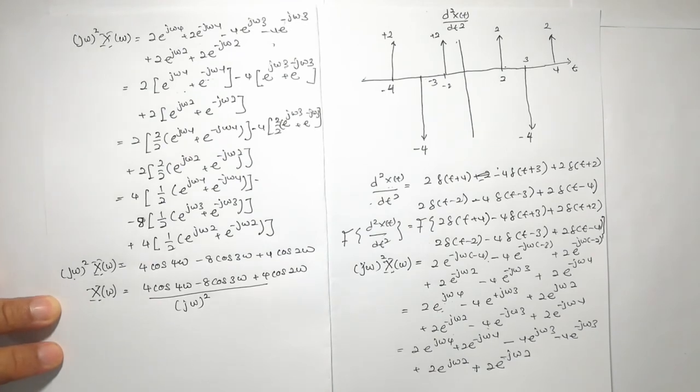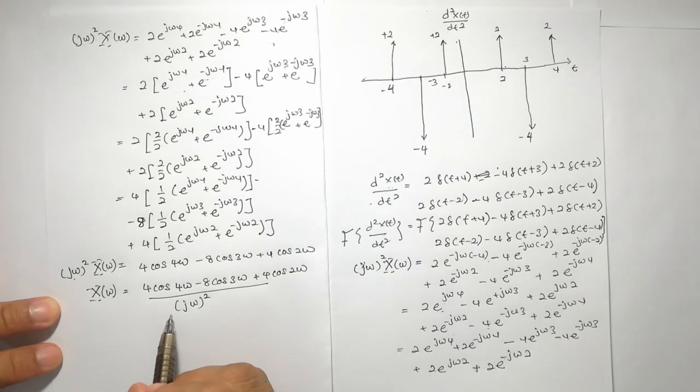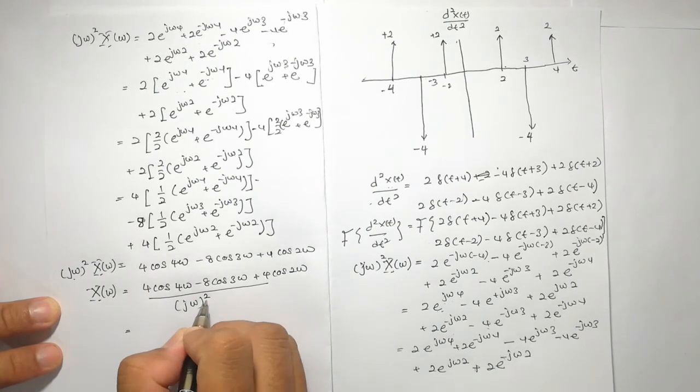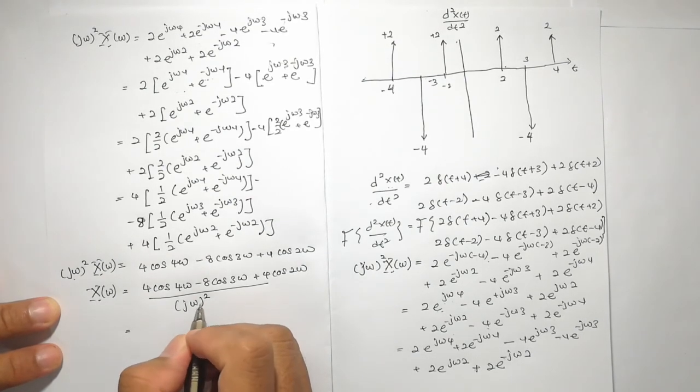Right? So (jω) squared will be equal to -ω squared.